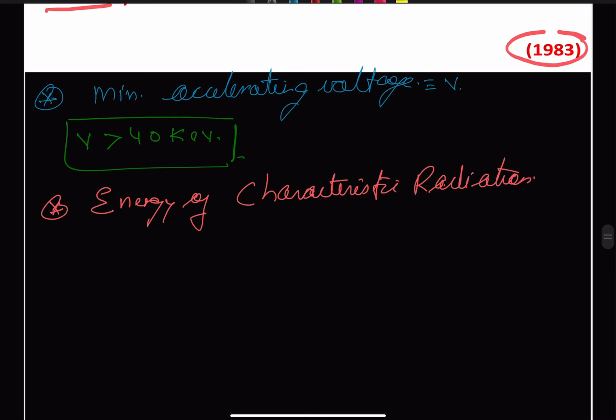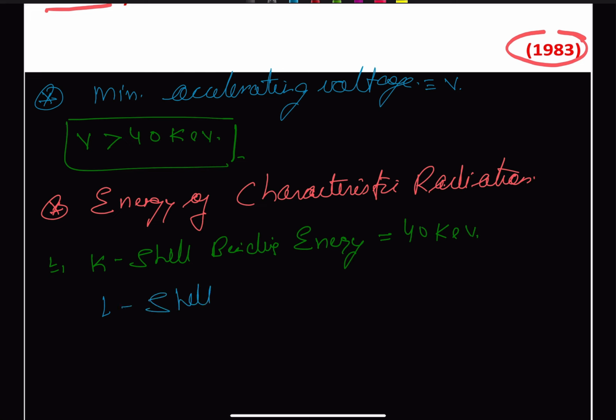So we can say that for the K shell, the binding energy is 40 kilo electron volt, and for the L shell the binding energy is 10 kilo electron volt.